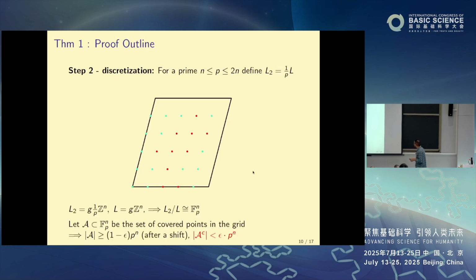In other words, if I shift any subspace here, all of its shifts will touch the blue points. Once this happens, I'm guaranteed that if I add this subspace to the lattice, then all red points are covered.